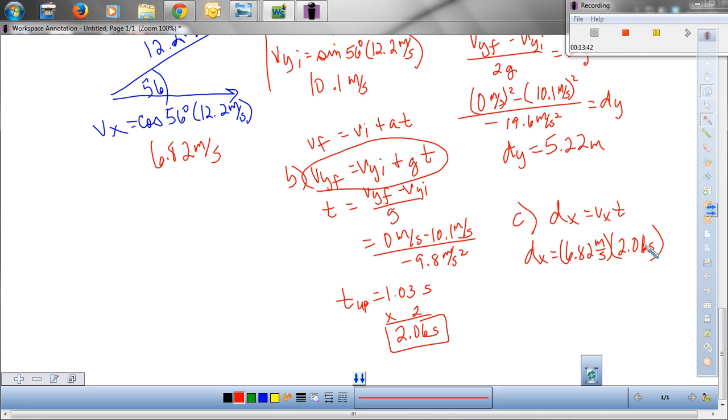So 6.82 times 2.06 gives me 14.05 meters. That's how far it rolled. Alright, so that gets us all the way through 7. I'm going to get this one going on YouTube and we will move on.